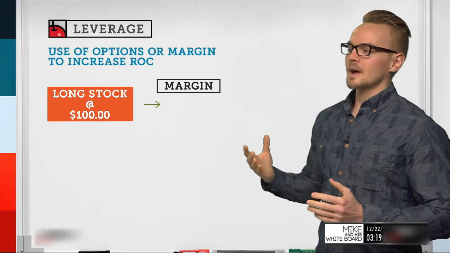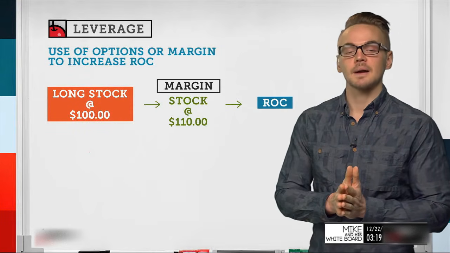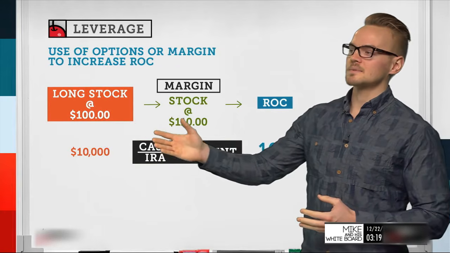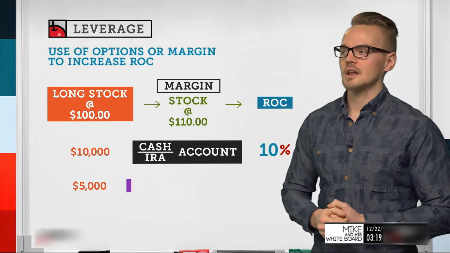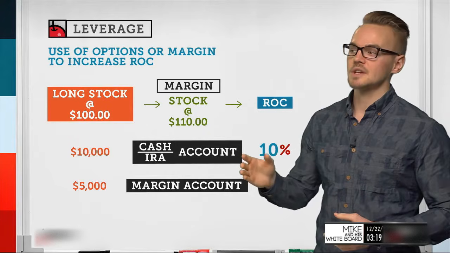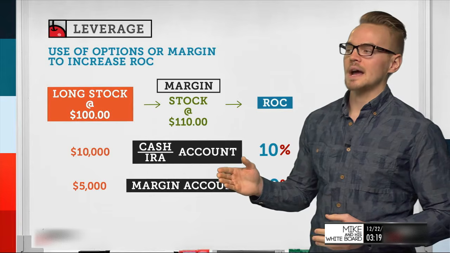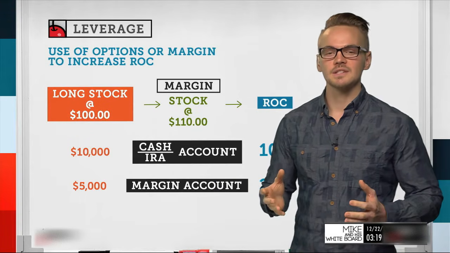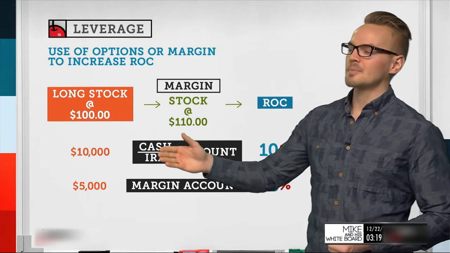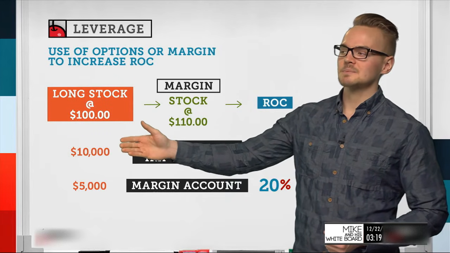Right here we're going to be talking about a margin account and different ways of buying stock. Let's say we've bought long stock at $100 a share, and we're talking about 100 shares. Everything you see here is going to be 100 shares of stock. Let's say I'm in a cash or IRA account where I don't have any additional leverage. If I bought 100 shares at $100, it would cost me $10,000.